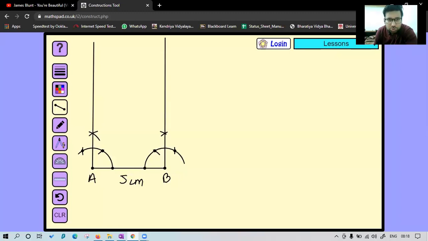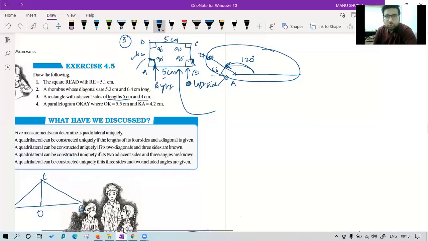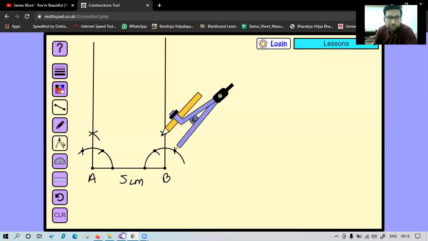A little bit close. So this also looks like a perpendicular now, and we have obtained these two things. Now the only thing remaining is vertex C and vertex D. To obtain vertex C and D, we can see there is a length of 4 centimeter on both sides. So we have to take an arc of 4 centimeter to obtain these two points.